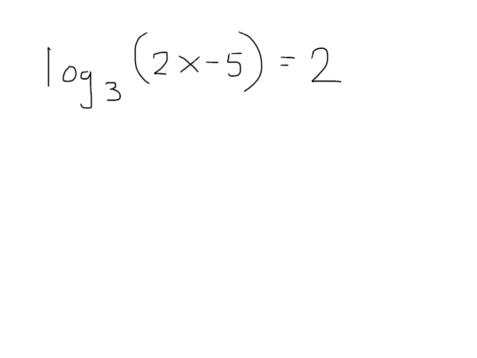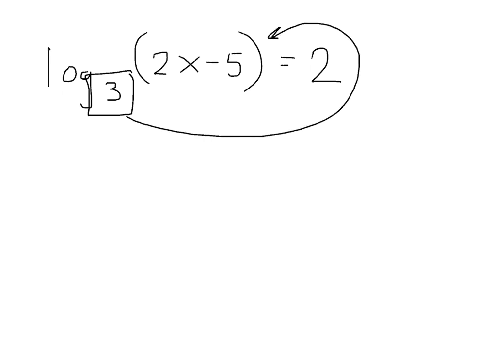Now, in order to solve for x, you rewrite it as an exponential, which means I start with the base, which is how big? And I rewrite it as an exponential like we did in the first half of the chapter. So it's 3 to the what? Second equals 2x minus 5. And from here, I'm going to solve for x.